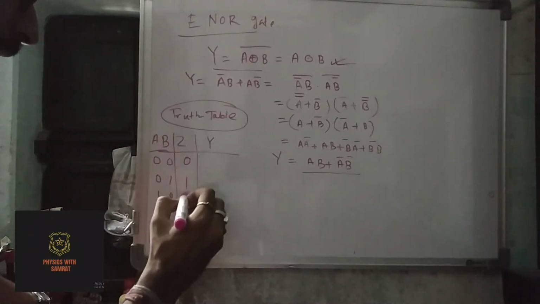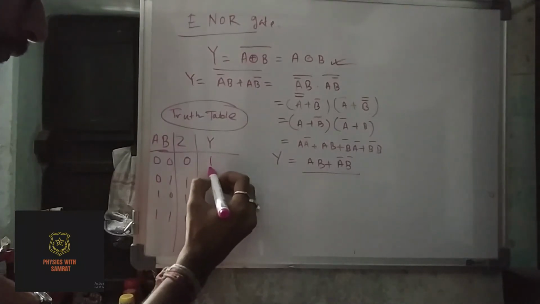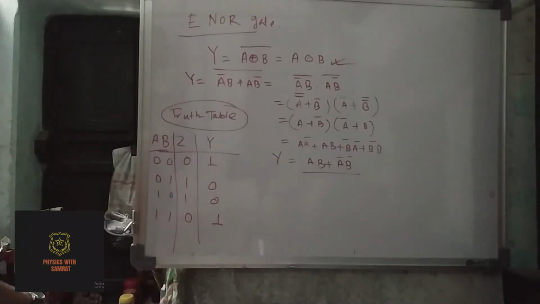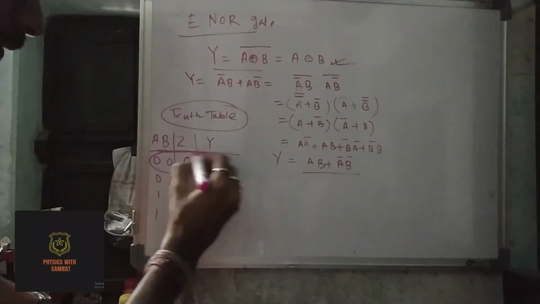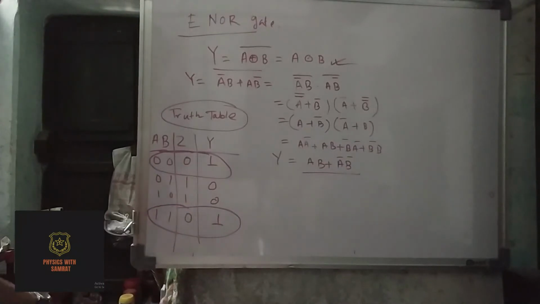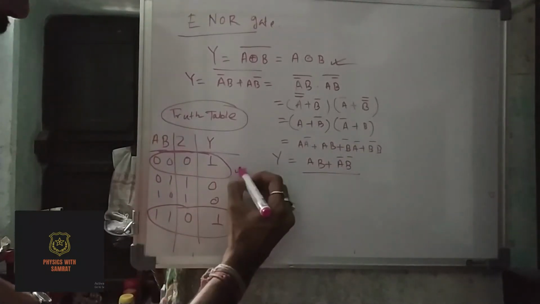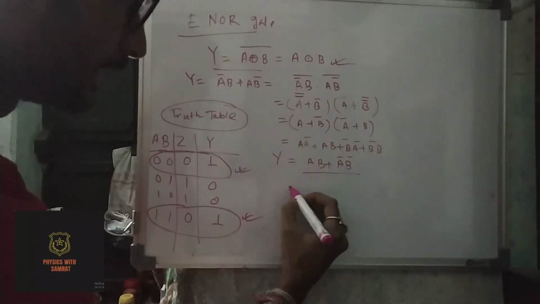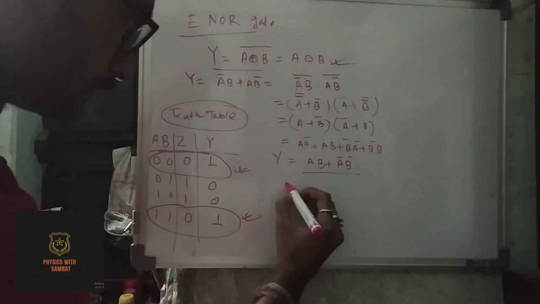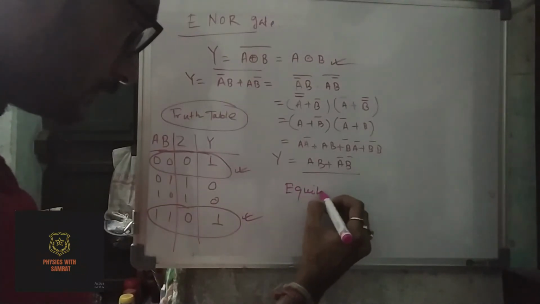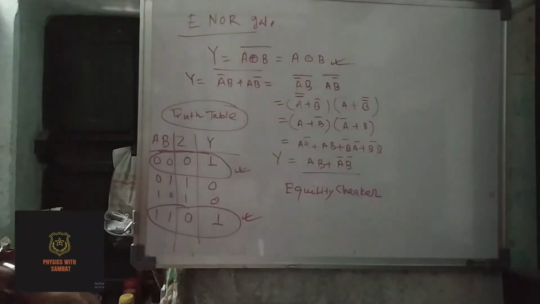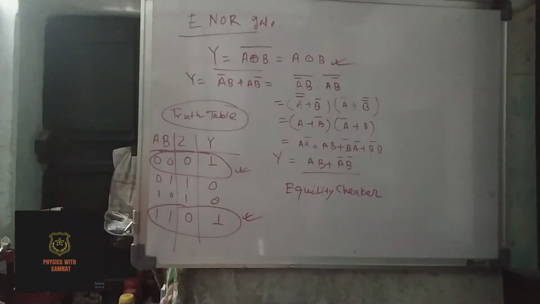Z gives 0 1 1 0. So what will we get here? 1 0 0 1. So now see, when both inputs are the same, we get high output. So it is acting like an equality checker. Okay.